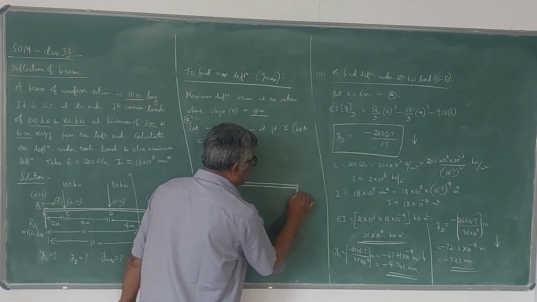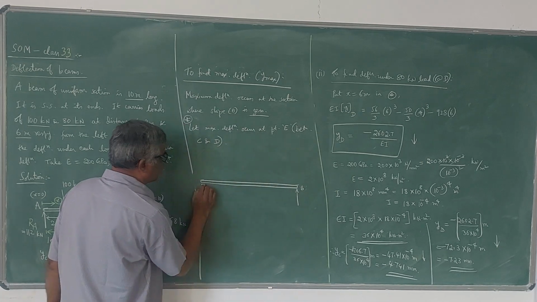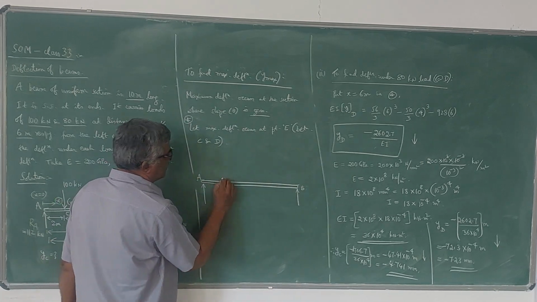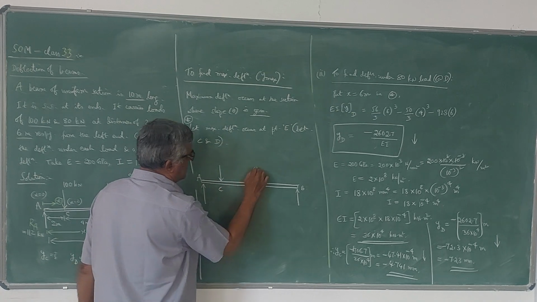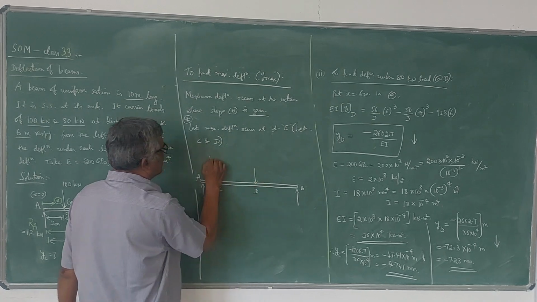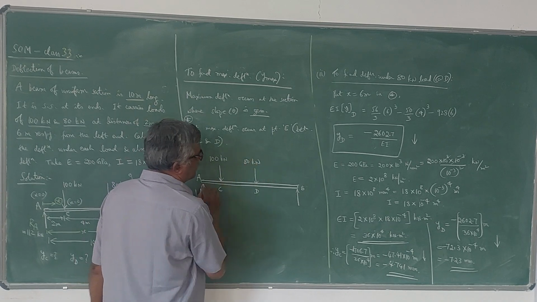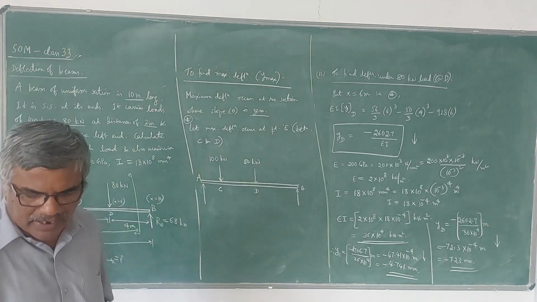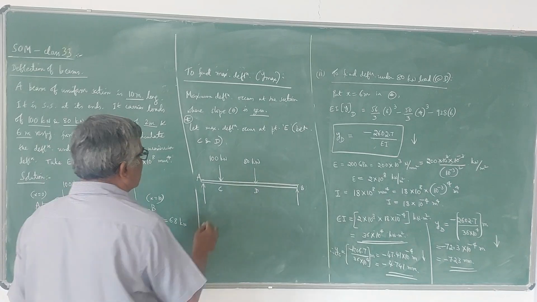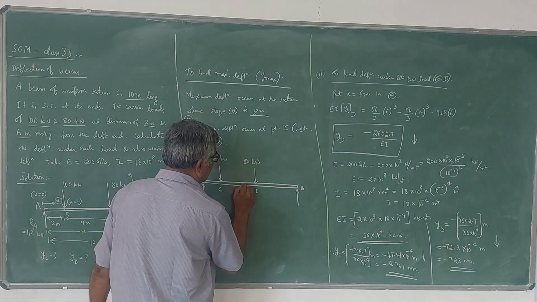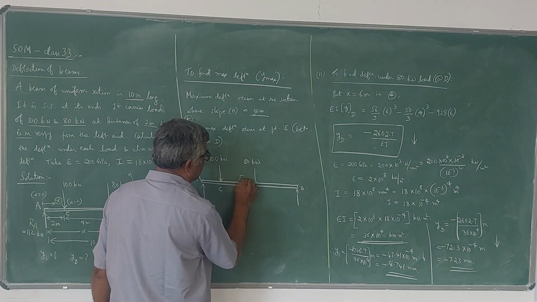Now let us see how the maximum deflection is found out. C is here, D is here, this is 100 kilonewton, this is 80 kilonewton. Somewhere here I will take the maximum deflection to occur, at E. We don't know the distance.